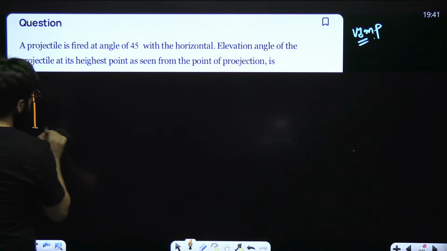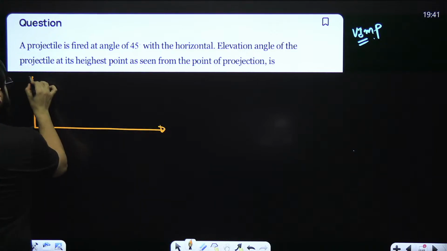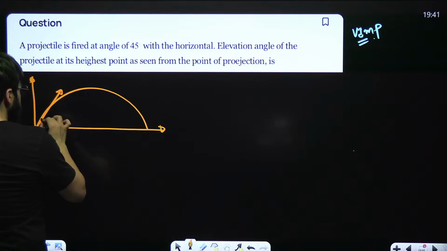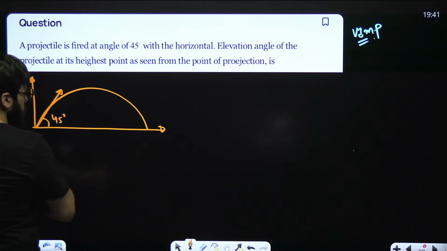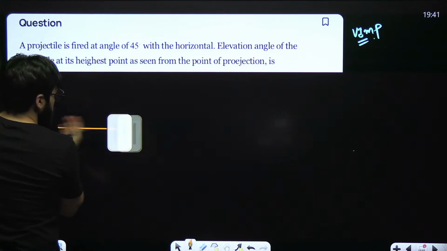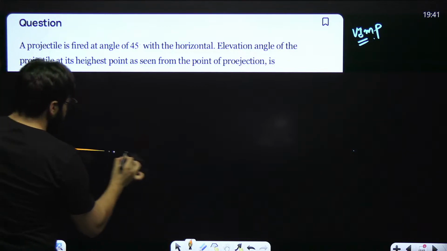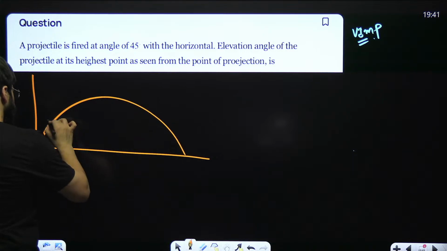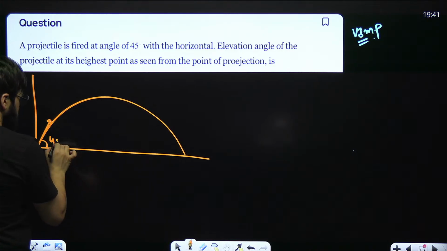You have fired a projectile at an angle of 45 degrees, so this angle is given as 45 degrees.